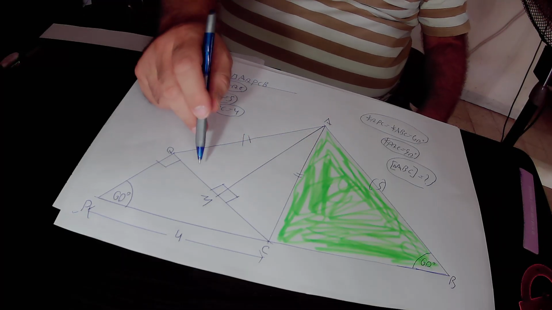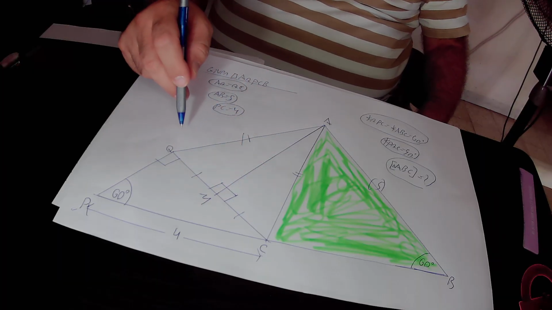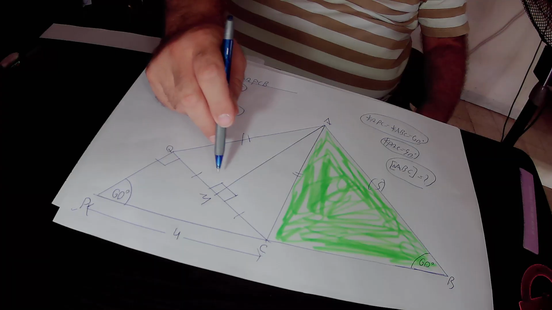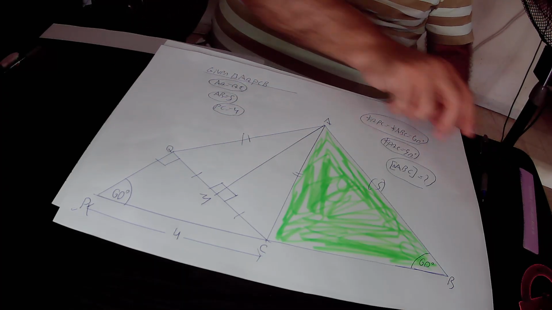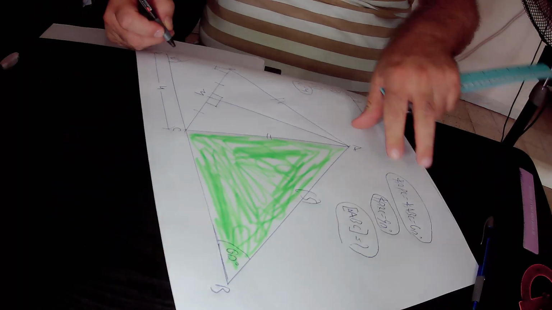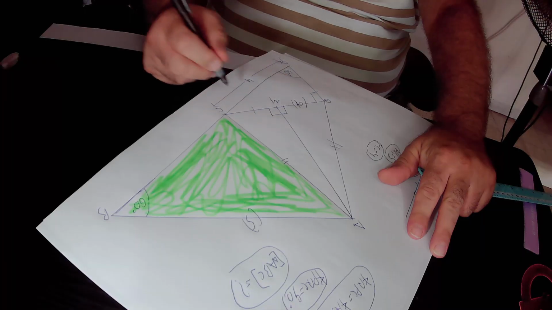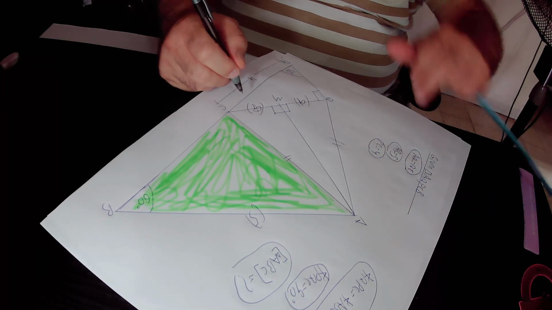That is to say, QM equals MC. It divides the base QC into two equal halves. The first half is QM and the second half is MC. So if we define the first half QM as a, then the second half MC must also equal a, because they are equal to each other, of course.